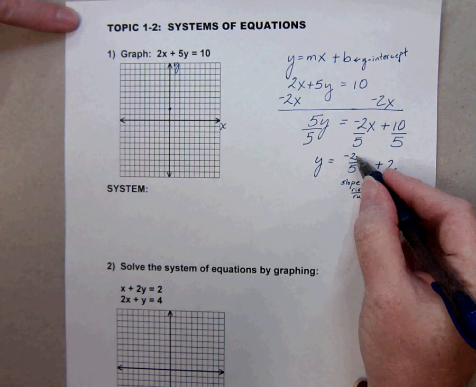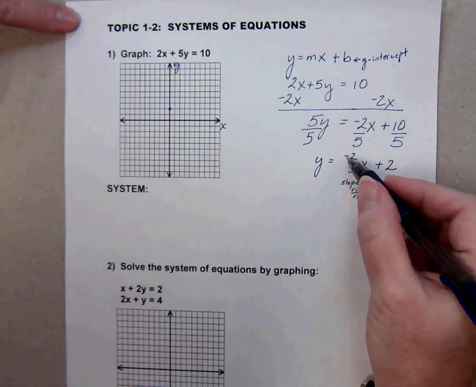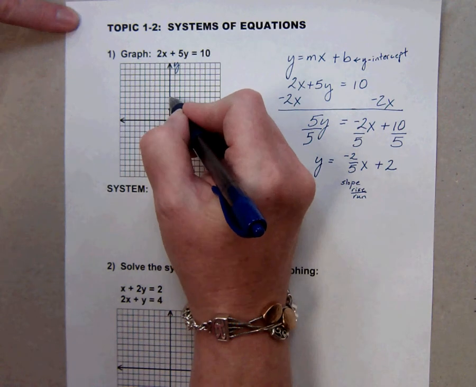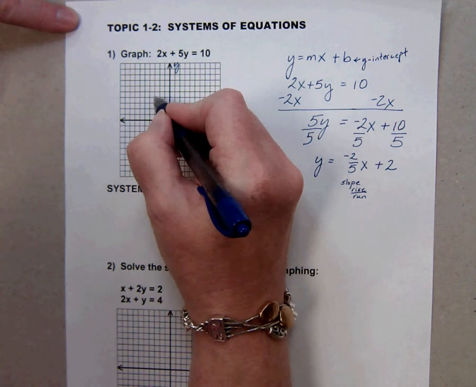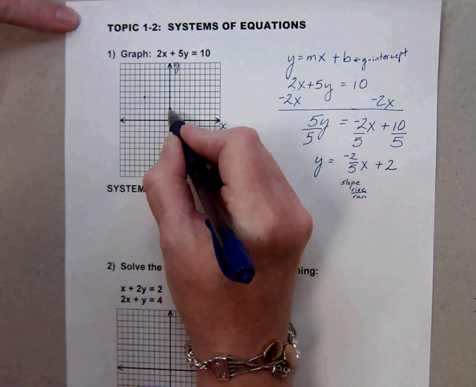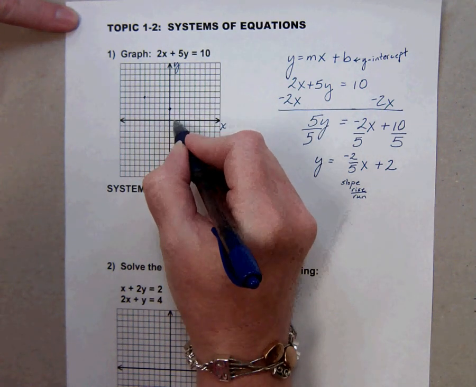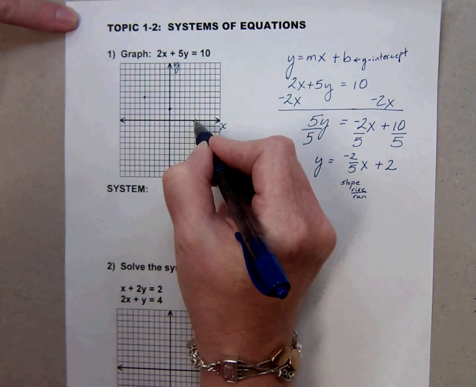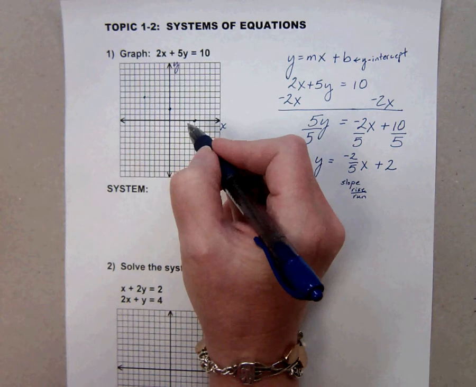So rising 2 and running 5, because it's negative, you're going to run to the left. So after you rise 2 and run 5, and then if you want to go down 2 and then over to the right 5, you'll have the same pattern. And it would be good if you'd use a ruler.